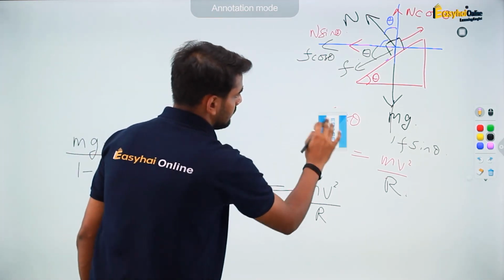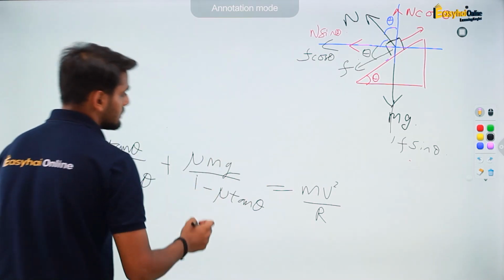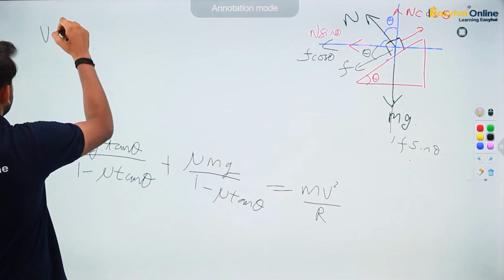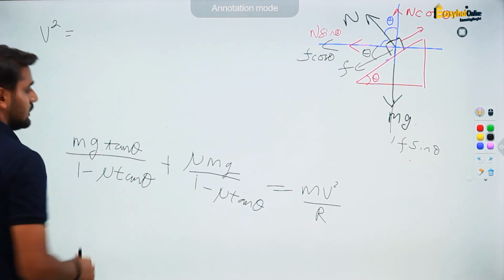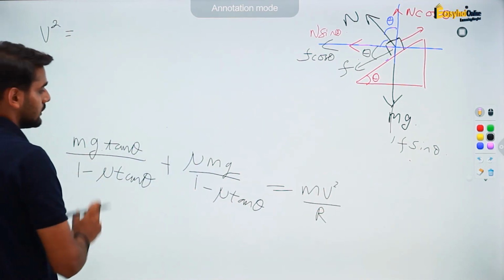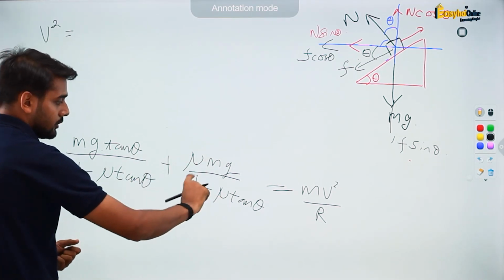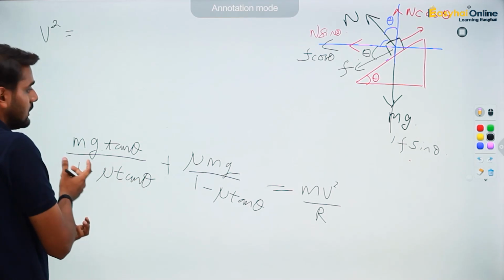Here, if I solve this for v square, just rearranging the whole equation, this r is going to go over here, and 1 upon 1 minus mu tan theta I will take common.